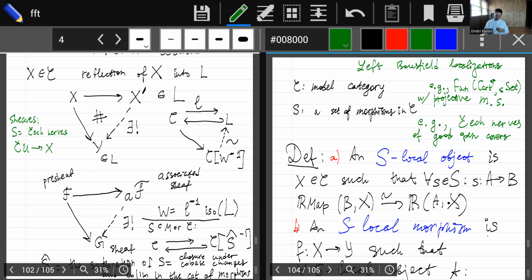So first, our definitions are going to proceed in two steps.